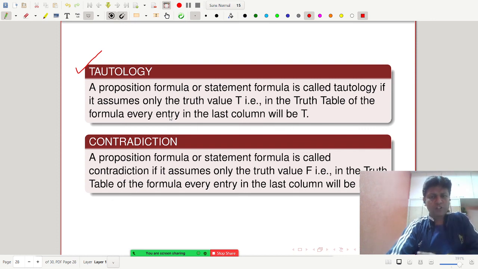That is, in the truth table of the formula, every entry in the last column will be T. Then it is called a tautology. Otherwise, it is called a contradiction. A contradiction is a statement formula that assumes only the truth value F. So if all the entries in the last column are T, it is a tautology. If all the entries of the last column are F, it is a contradiction.